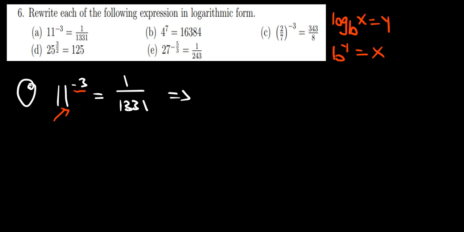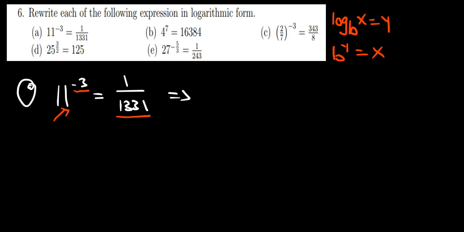So the first one, a, is 11 to the power minus 3 is equal to 1 over 1331. So this in logarithmic function will be, okay, so let's identify the base, the answer, and what is in the middle. So the base will be 11 here, the answer will be minus 3, and what is in the middle will be 1 divided by 1331.